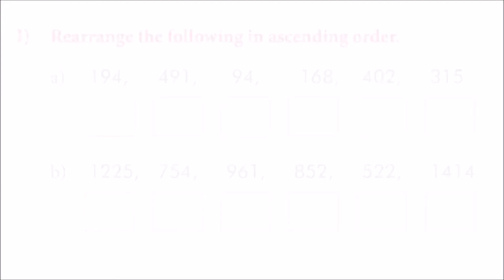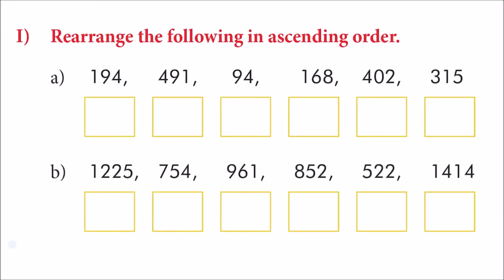Alright. Okay. So, let us see what are the examples given here. Page number 64. Rearrange the following in ascending order. The numbers are 90, 194, 491, 94, 168, 402 and 315.